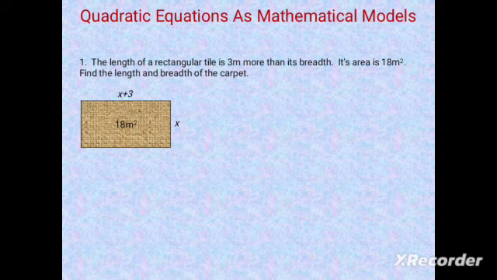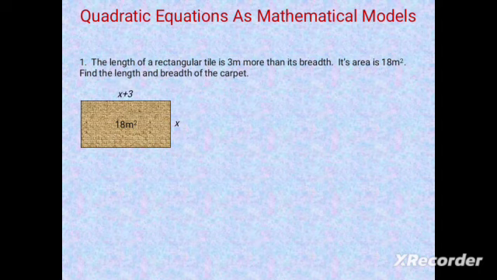Now that we've been given the area of the rectangle, and we know it is length times width, then we can substitute into the formula. So we have 18 equal to x into x plus 3. Then we solve it out.